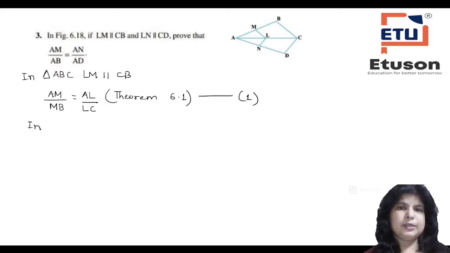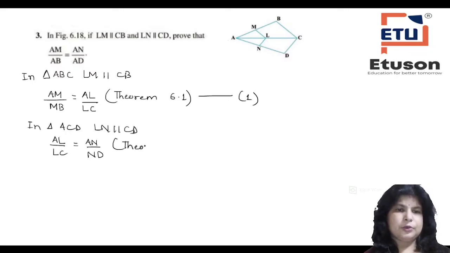So this you can consider as equation 1. So now in triangle ACD, you have LN is parallel to CD. So from that you can find that AL by LC is equal to AN by ND. So this is again according to theorem 6.1. So this becomes your equation 2.